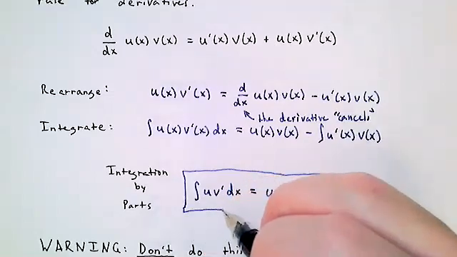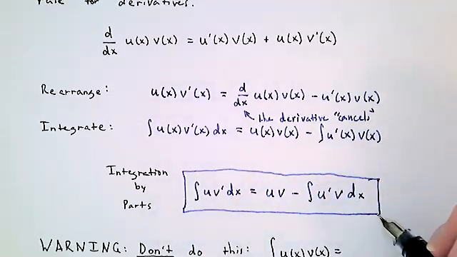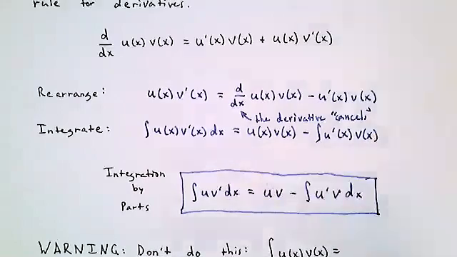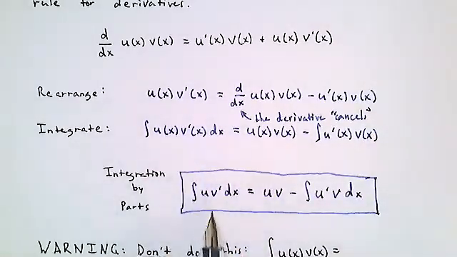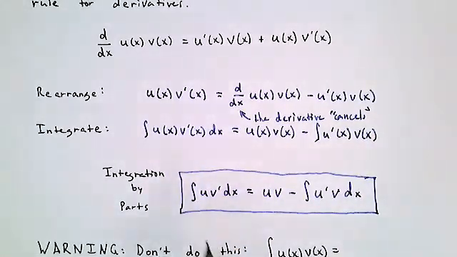In reality, u and v are functions, so we really should have the argument x, the variable, inside of them, but it just takes up more room. So you'll usually see it written out this way.